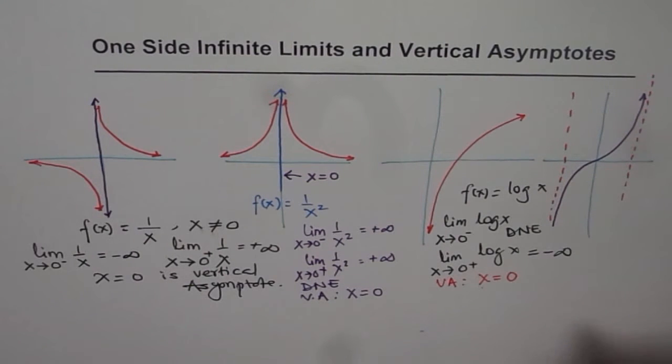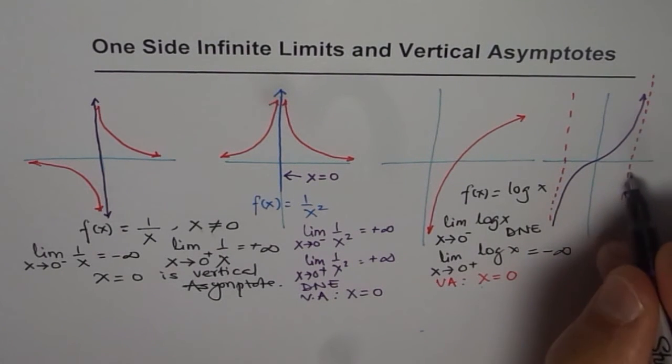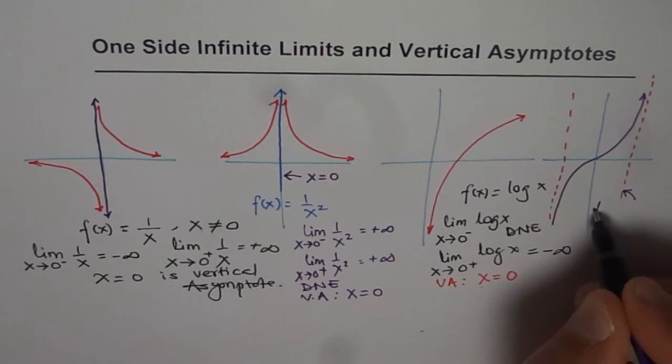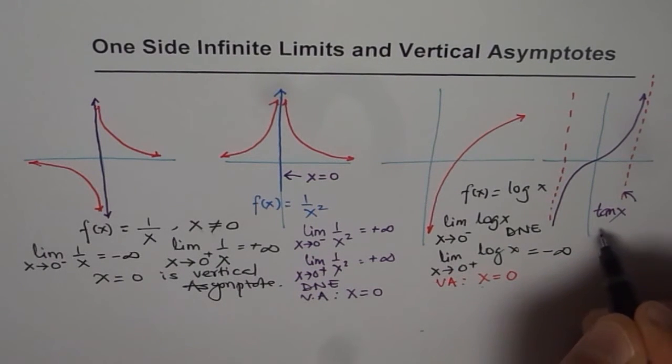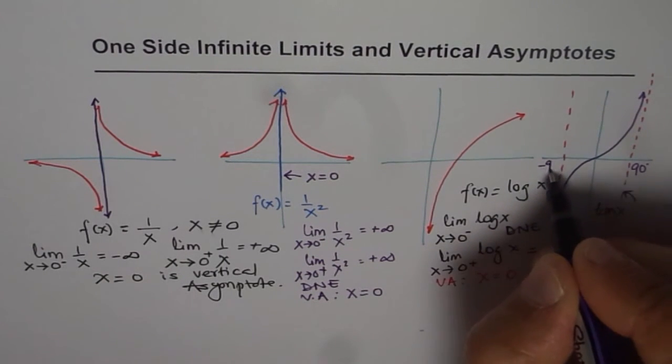Normally, a vertical asymptote is always drawn with a dotted line, so this dotted line represents the vertical asymptote for the function tan x.